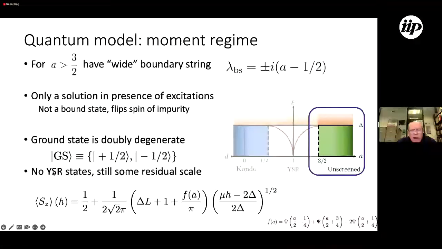We have no YSR, but still we have residual scales, and as Z, if I apply a local magnetic field, will have a magnetization if the local magnetic field is larger than twice the gap, and then I have a typical square root singularity, and we have a new scale generated, f of A, which is given by this expression of dilogarithms.